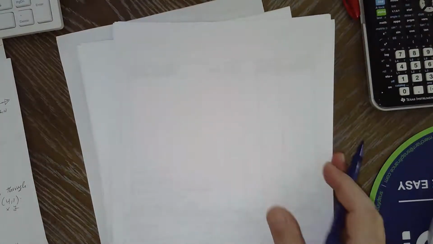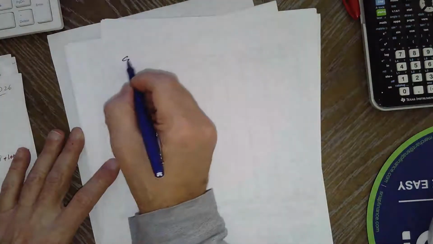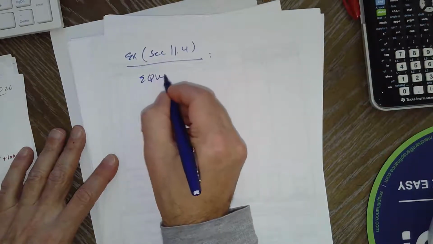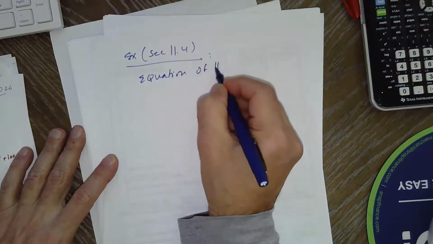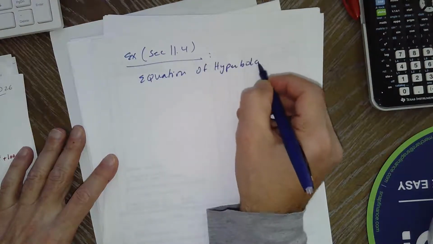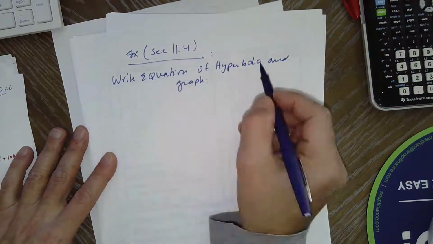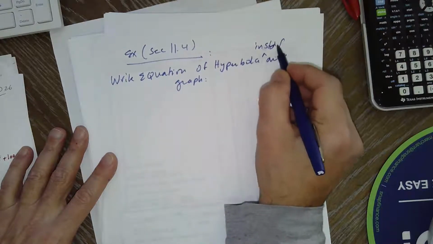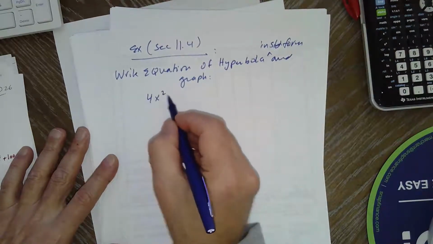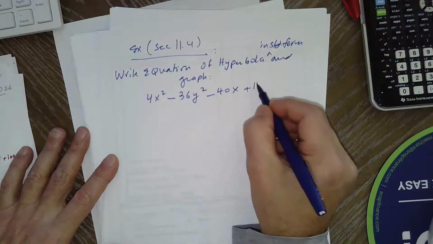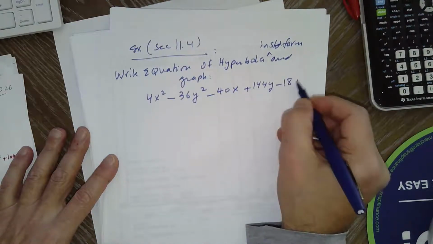Okay, here's another example. Now you can do that. I want to do one from section 11.4. Again, we need to write the equation of the hyperbola in standard form and graph. 4x squared minus 36y squared minus 40x plus 144y minus 188 equals 0.